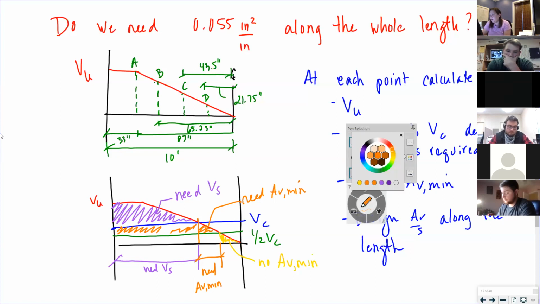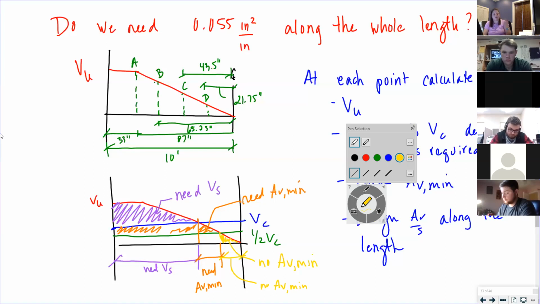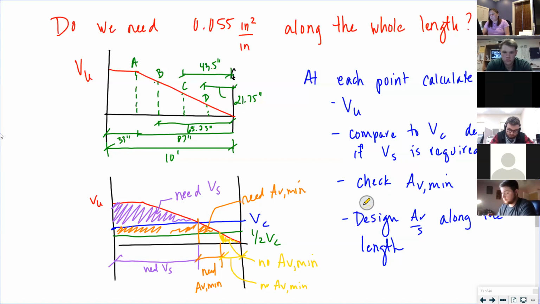And then right towards the center, you can space them out even further because you don't even need AV min. But you're probably going to put something there, you know, it looks kind of weird. So that's one way to do it.